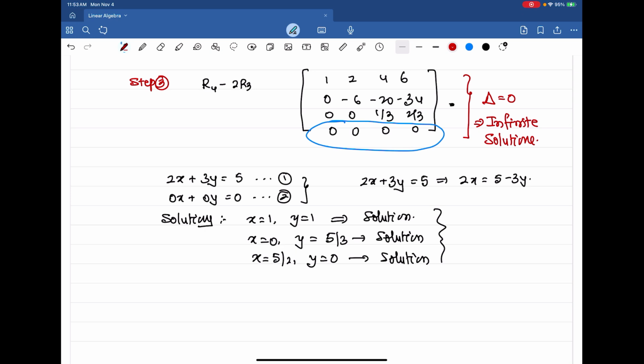If the determinant is 0, it doesn't mean that there is no solution. There will be a solution, but it will not be a single solution. There will be an infinite number of solutions, like above. Now you understood?